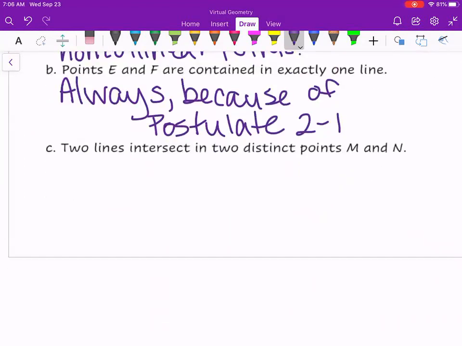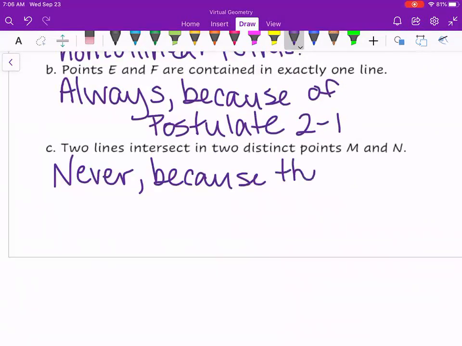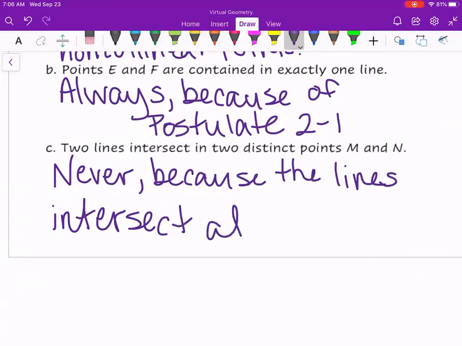So this is never true, because they intersect at 1 point. That's in reference to postulate 2-6.